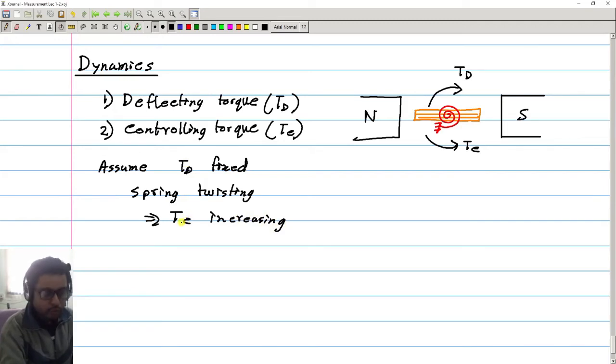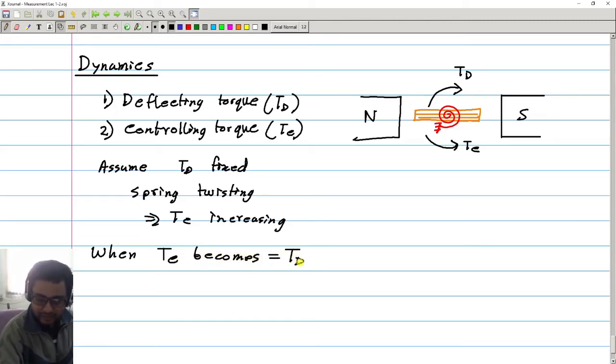At some point, both of them will be equal. But will this coil stop at that position? It may not. When TC becomes equal to TD, then there is no net torque.